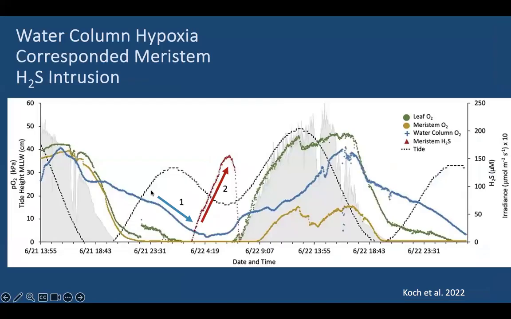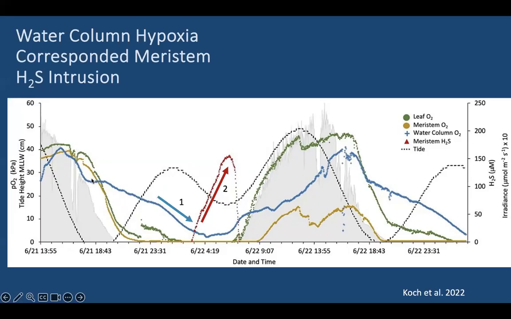So the only time, I know there's a lot on this, the only time we really saw sulfide intrusion was in late June, so it's pretty warm in Florida Bay and South Florida where we're working. Again the light is in gray, and I want to show you just a couple of things to highlight here.